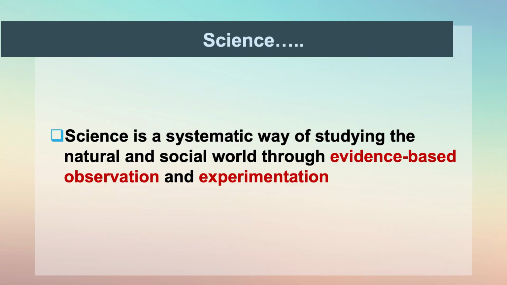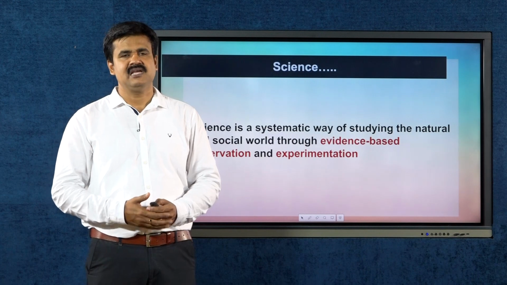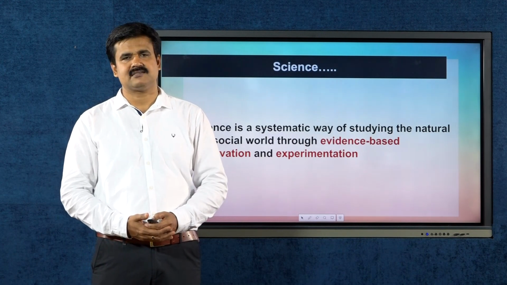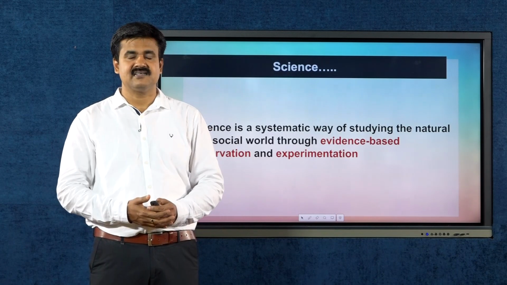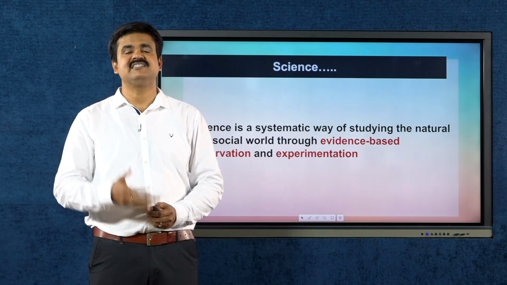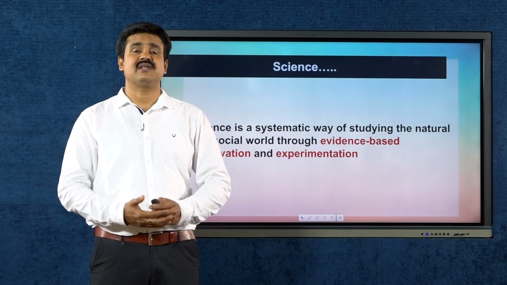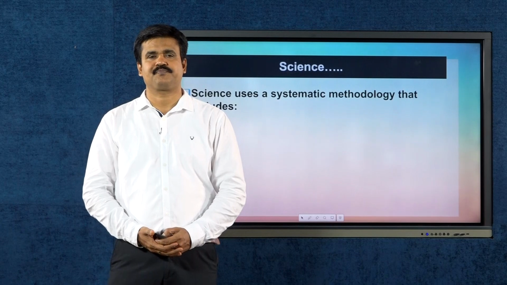Science is a systematic way of studying the natural and social world through evidence-based observation and experimentation. In science, we believe things only based on evidence. So, science is a systematic study which is purely based on evidence, observation, as well as experimentation.